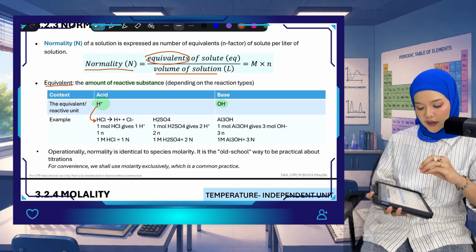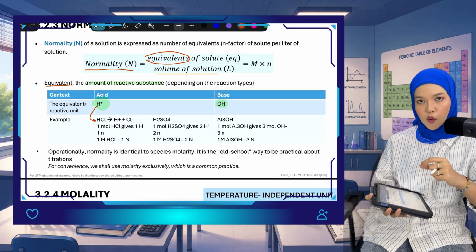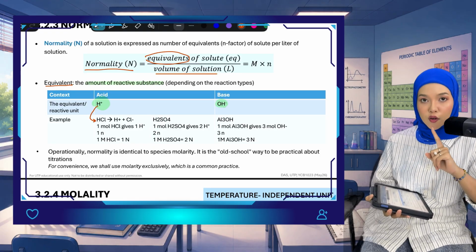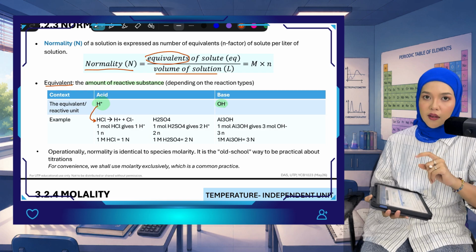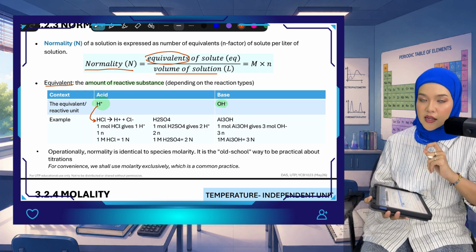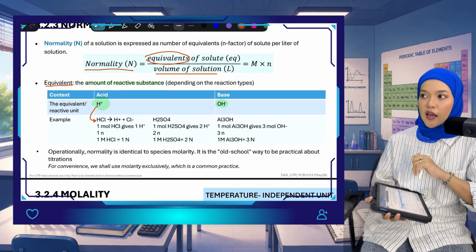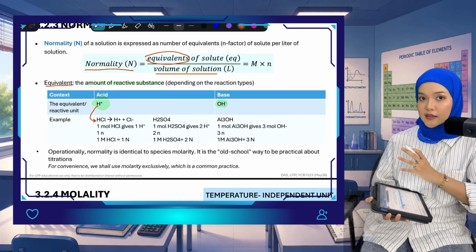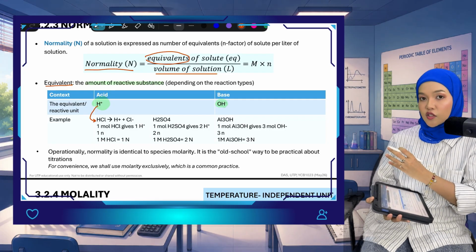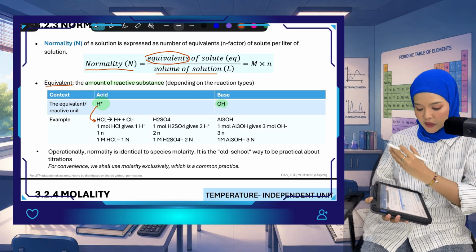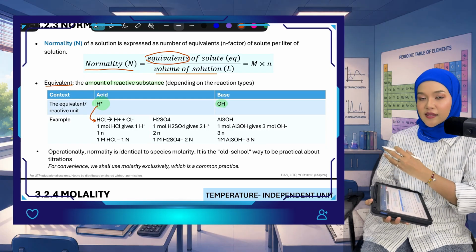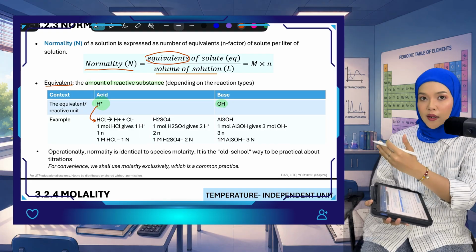If I say I have 1 molar HCl, it means that I have 1 normality of HCl. Or this sulfuric acid has 2 normality, meaning the sulfuric acid molarity is 1 molar.